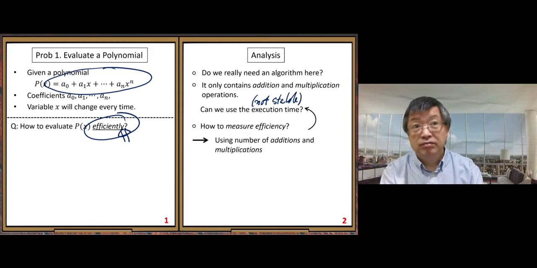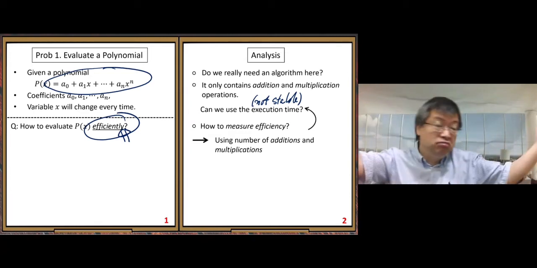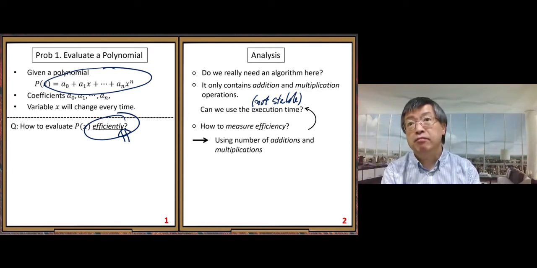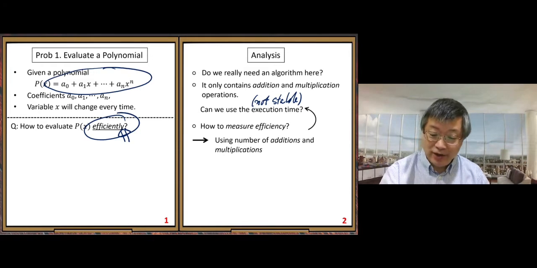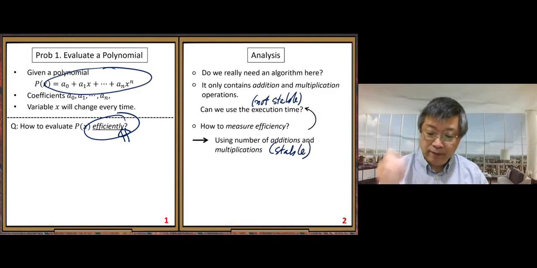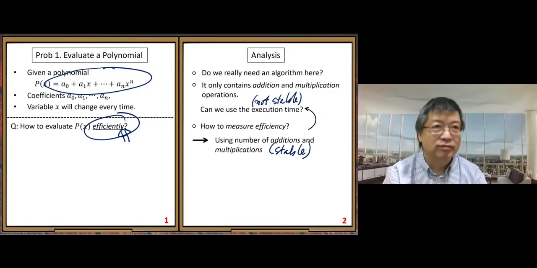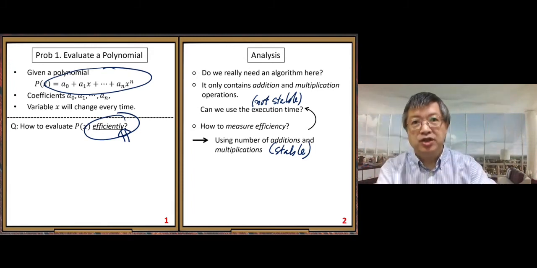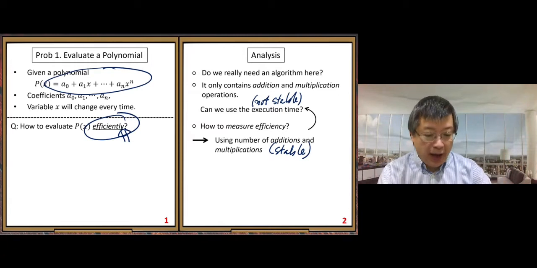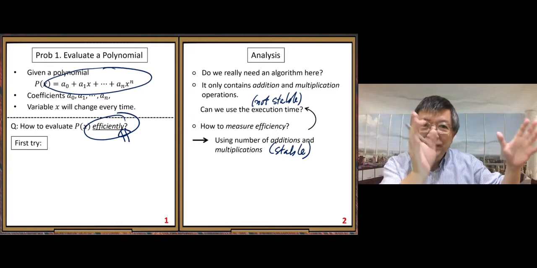No. On a slow computer or a super fast computer, the same efficiency number. Stable, so that's why this one is pretty good, because it is stable. It is more stable, right? All right, so let's stop here in our efficiency discussion. All right, next, let's try to solve it.